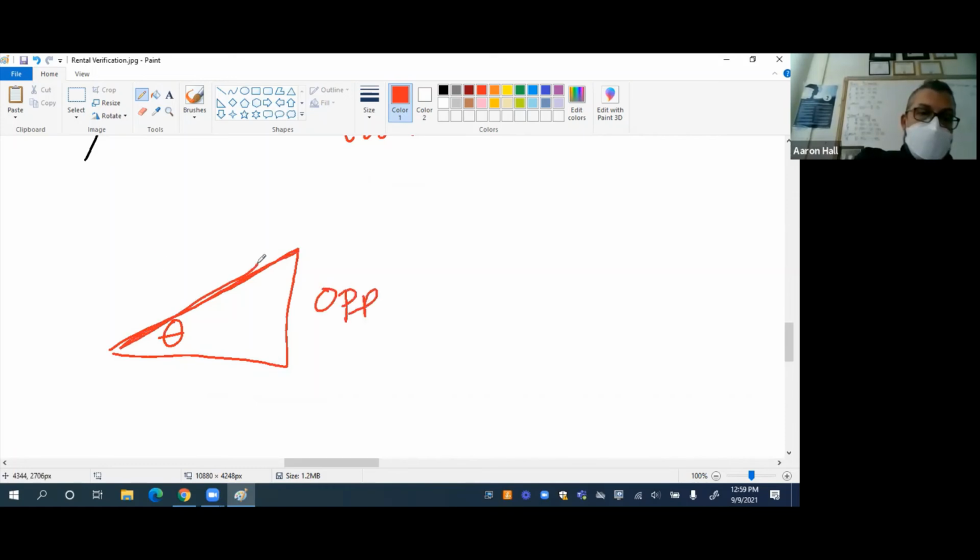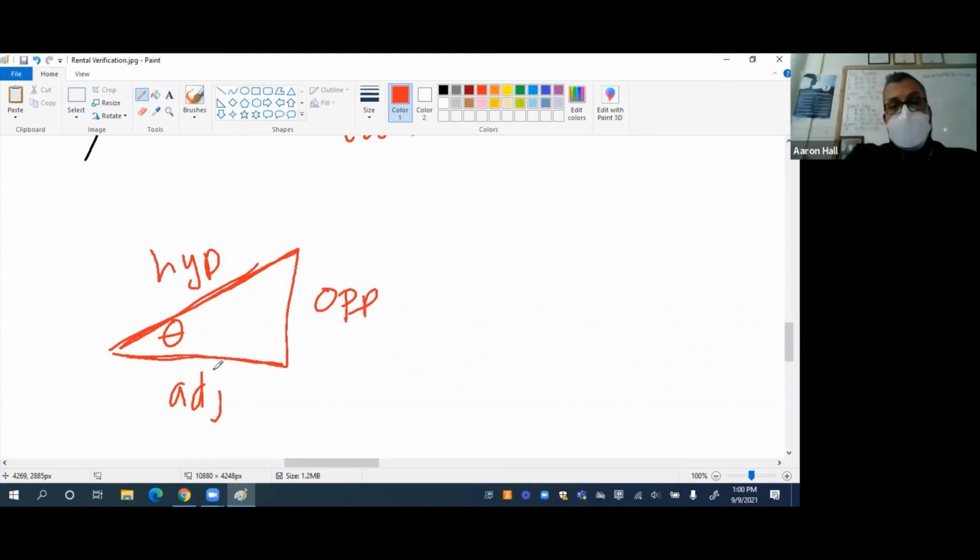This is my hypotenuse. And this is my adjacent. Then tangent of theta equals what? Opposite over adjacent, good.